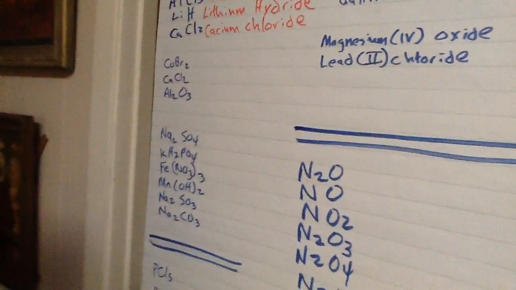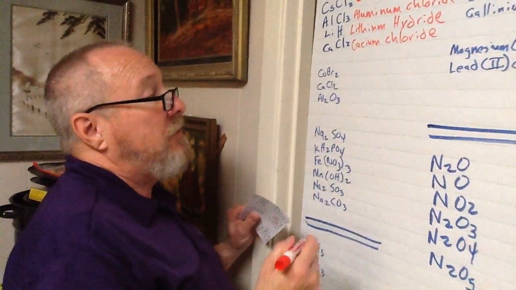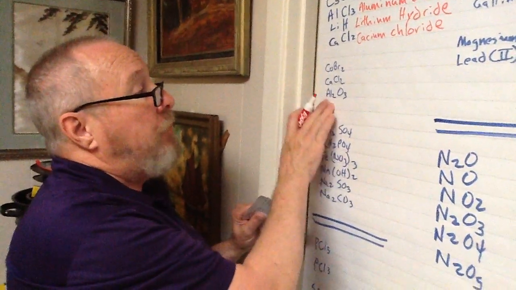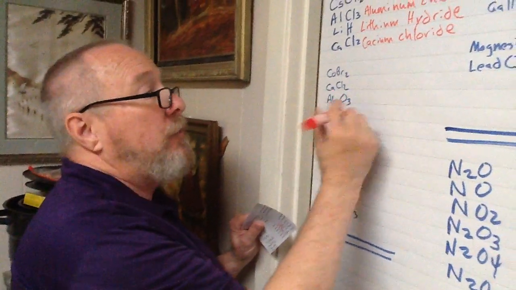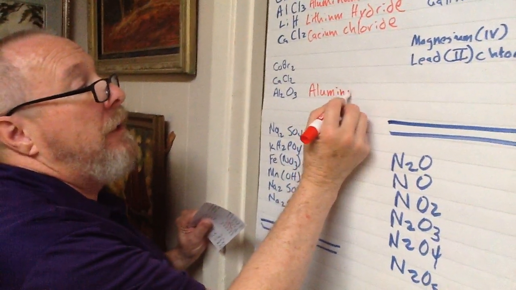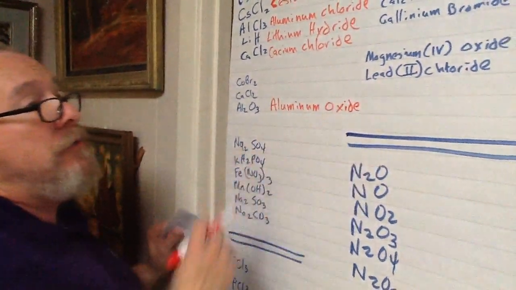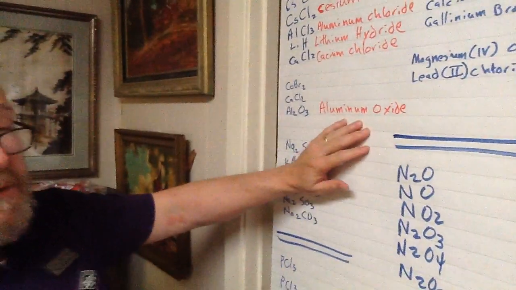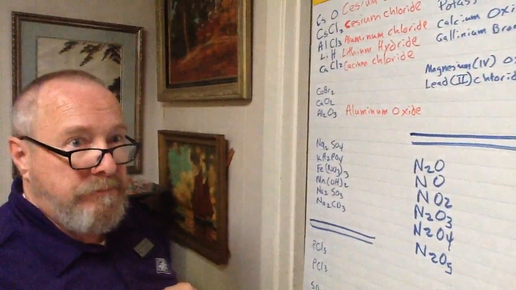I find what's basically the lowest common denominator, which is 6. So I need 2 plus 3s and 3 minus 2s to form this compound, aluminum oxide.